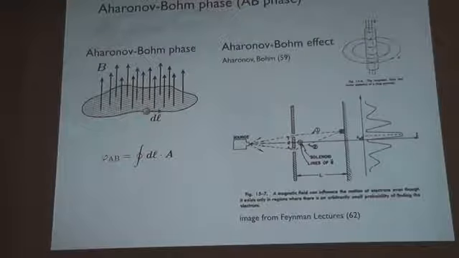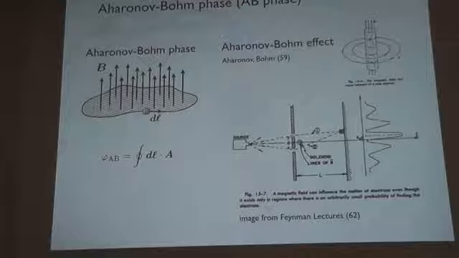But now you apply a magnetic field just inside here, only enclosed inside the solenoid. Outside of it, no magnetic field. It turns out that acquiring this AB phase can shift your diffraction pattern up or down, depending on the magnetic field you've applied, or the vector potential you've applied. So it depends on the AB phase that you've enclosed in this path. As you can see, it's a closed path here, and this is kind of neat.